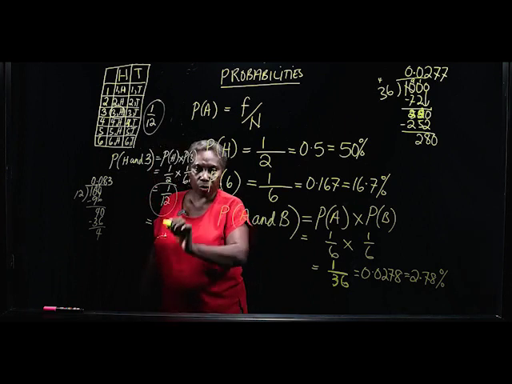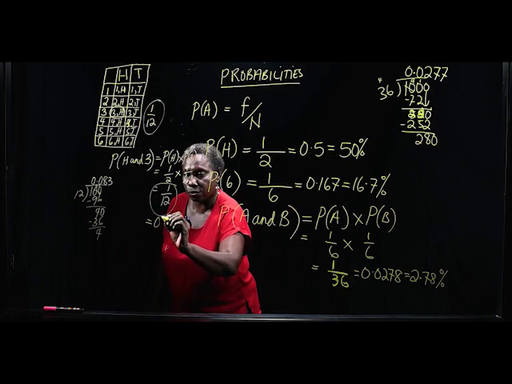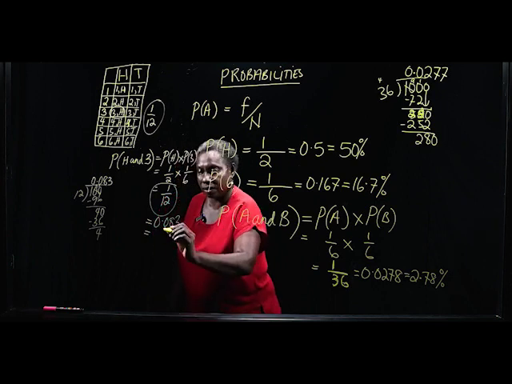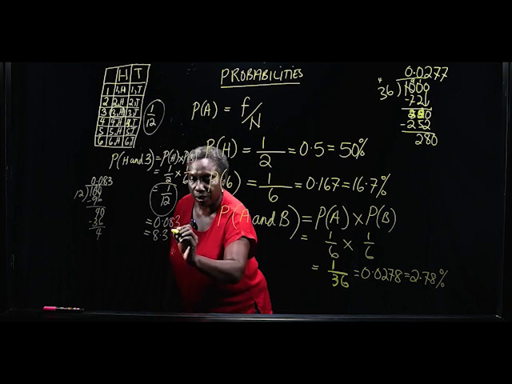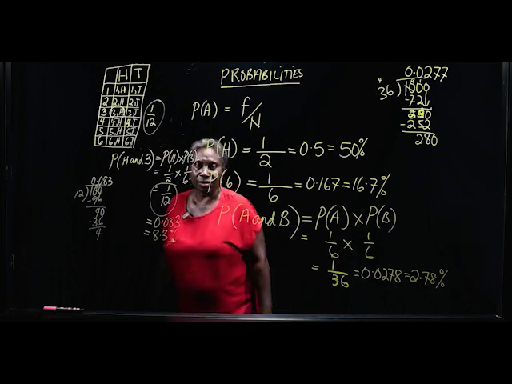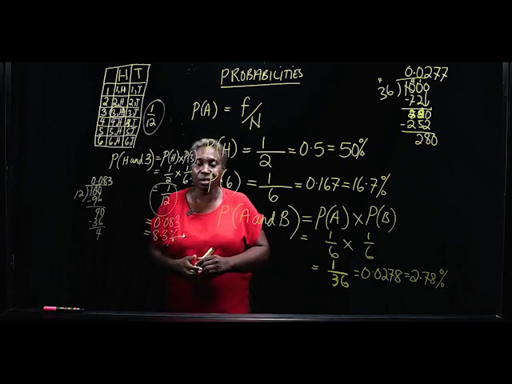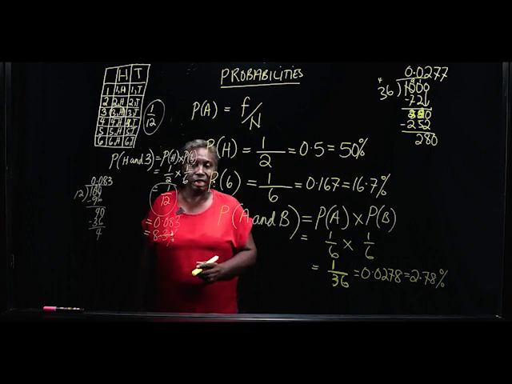So 1 over 12 as a decimal is 0.083. And that as a percentage will be equal to 8.3%. So we can convert this to a percentage after we have calculated the probability of the events.